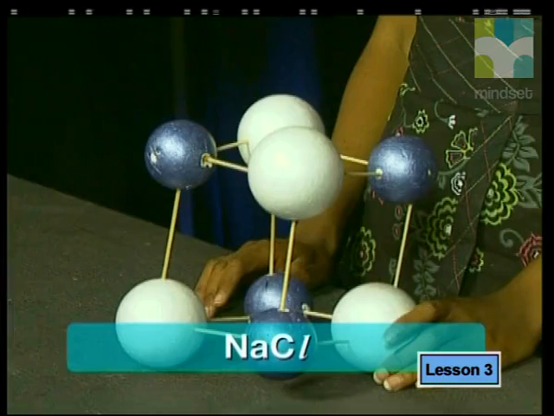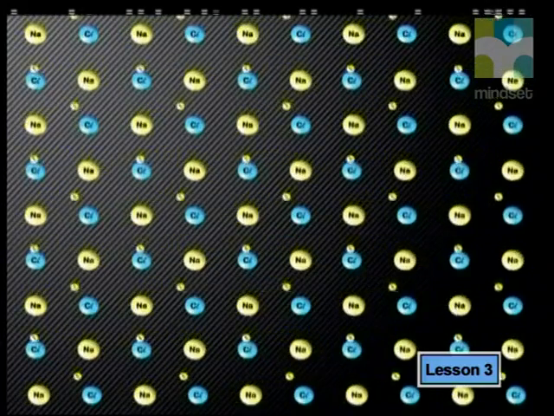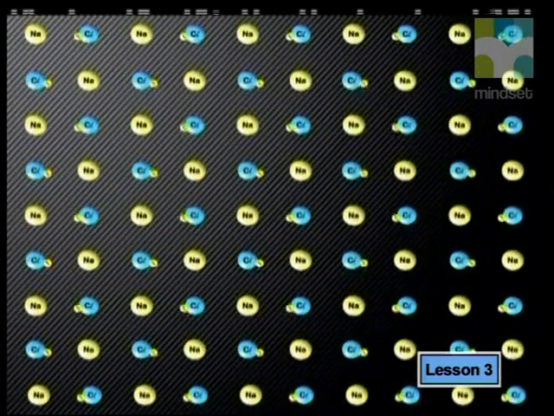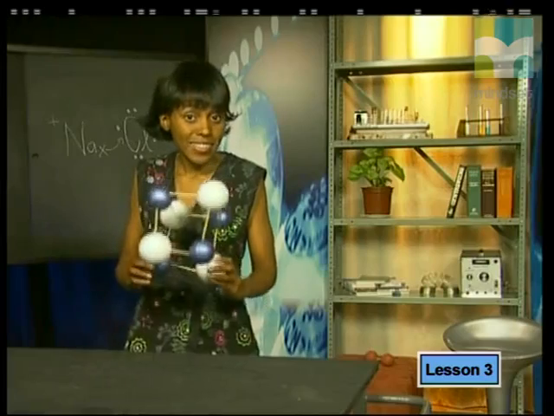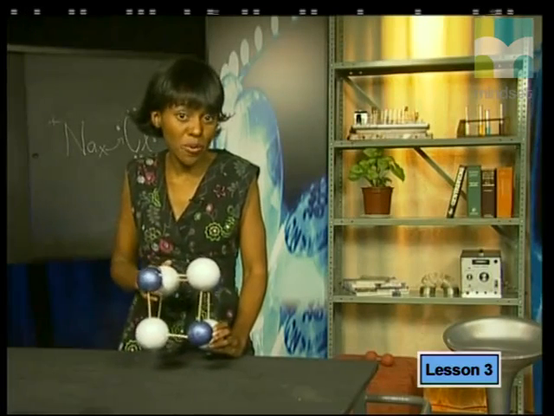Even though there is never ever just one sodium and chlorine in a structure. In fact, the unit cell is repeated many billions of times in one tiny crystal of sodium chloride. This is a more accurate model of sodium chloride than the one provided by Lewis diagrams, but we will see later that even this model can be improved.